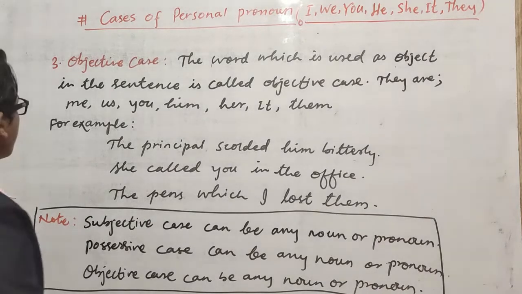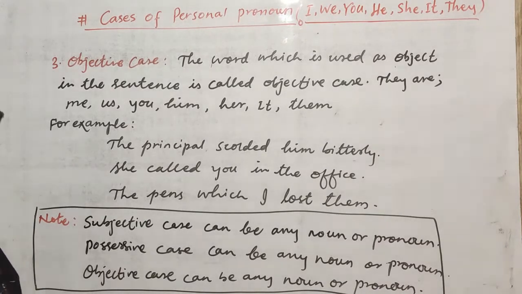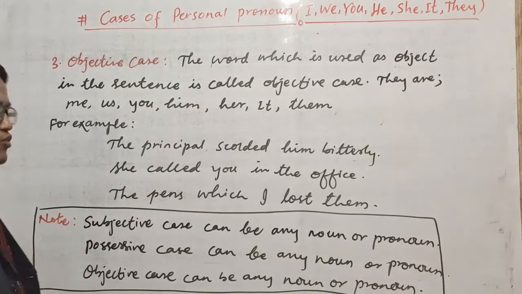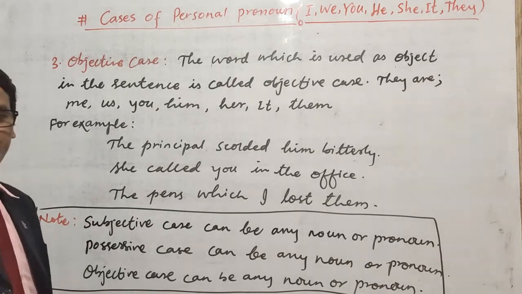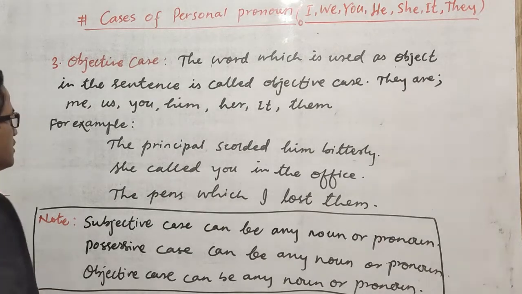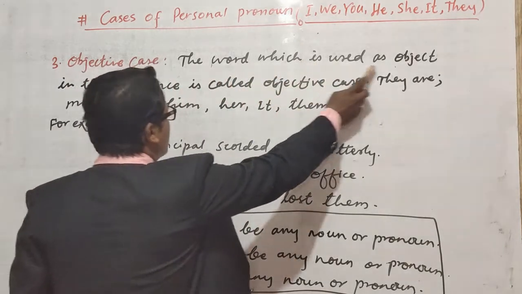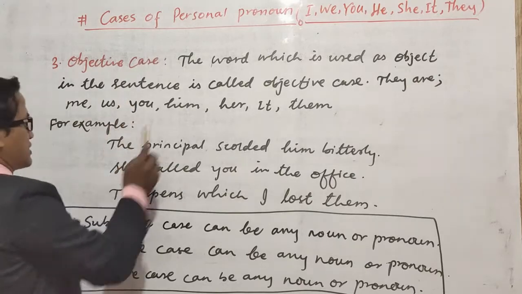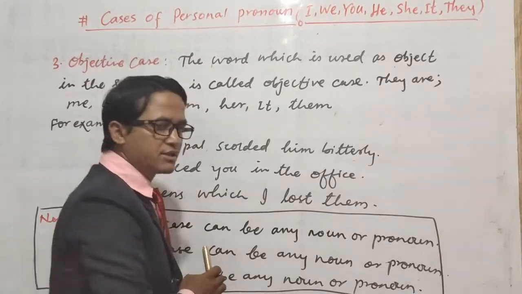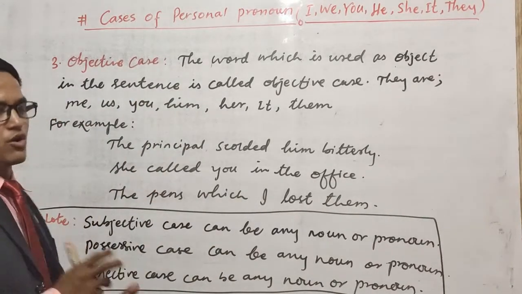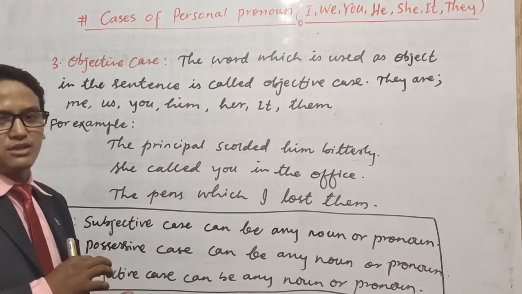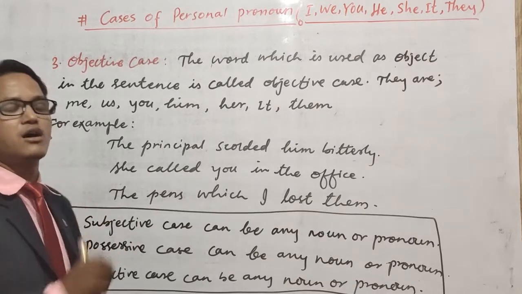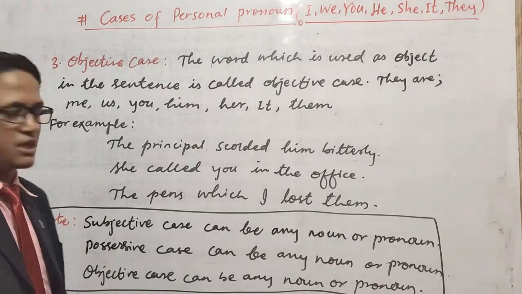Coming to the next and last one, objective case. What is objective case? How to recognize the object in the sentence? Let's discuss. The word which is used as object in the sentence is called objective case. All the objects which are used in the sentence are objects.